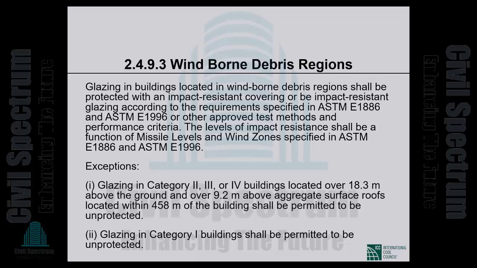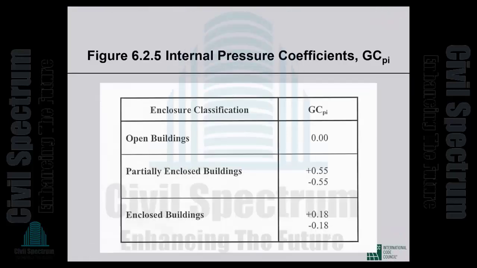So it is 60 feet above ground or 30 feet above the aggregate surface roof located within about half a kilometer of the building shall be permitted to be unprotected. Okay, above a certain height, beyond 60 feet, you can have unprotected glazing. And category 1 buildings, the unimportant buildings, you don't have to have protective glazing.